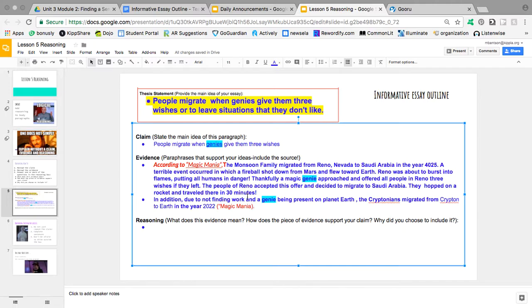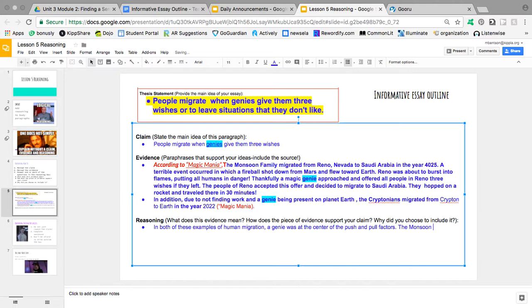So I will simply start by saying, in both of these examples of human migration, a genie was at the center of the push and pull factors.